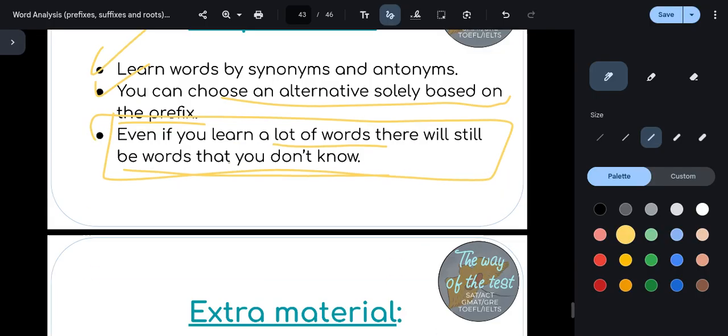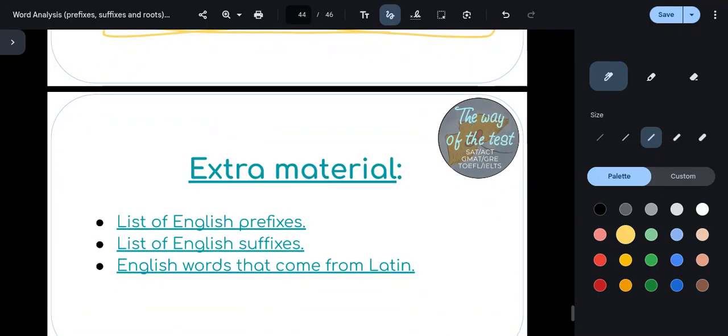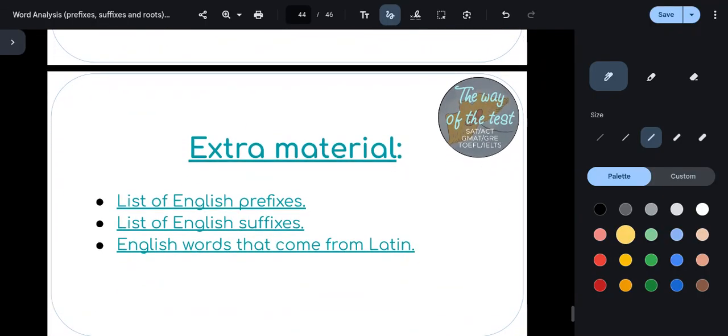Okay, so extra materials. In the description of this video I have this PDF. Here you can click on this material. You can also just Google the thing, by the way. This is a list of English prefixes, a list of English suffixes, and English words that come from Latin. Especially remember, if you speak a Romance language, if you speak Spanish, Portuguese, Italian, French, remember that words that may be obvious or very common in your native language are hybrid words in English, because English does not directly come from Latin.